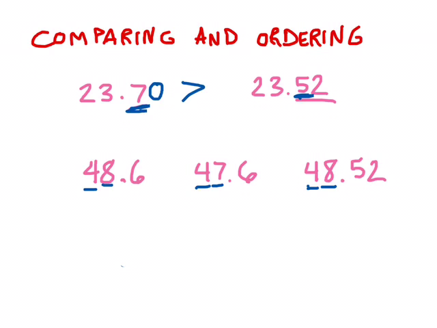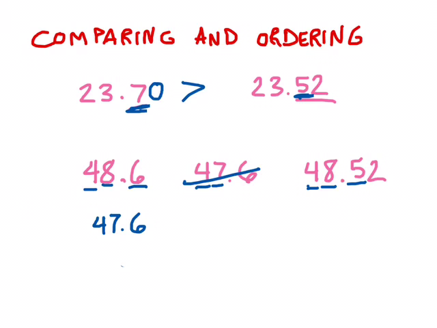So starting from that point, I know that 47 and 6/10 has to be my smallest value because it has fewer ones than the other two. So that one is my least value. Now the other two have the same number of ones, so now I need to move on to the tenths place. So I see 6/10 compared to 5/10.